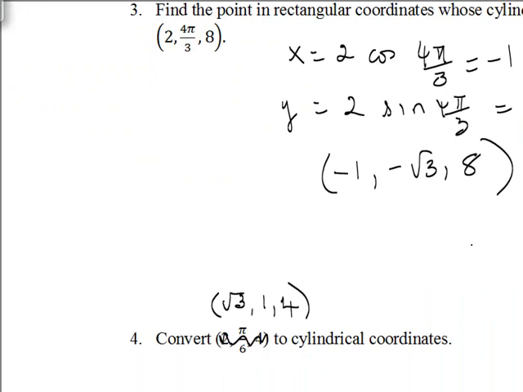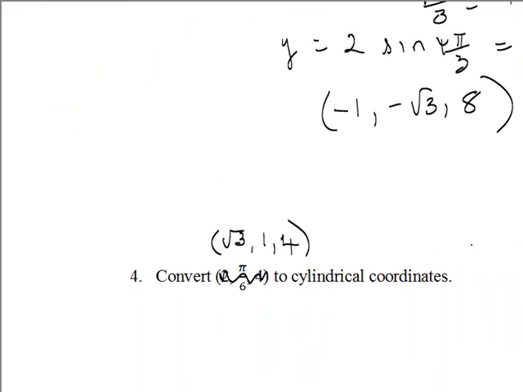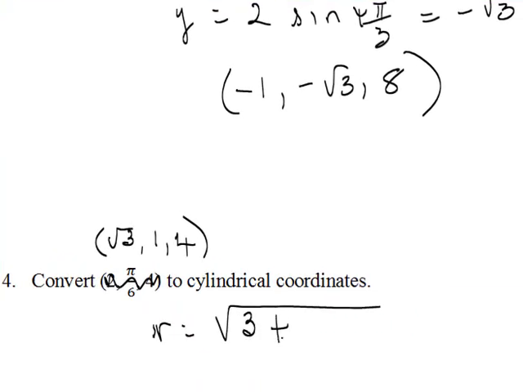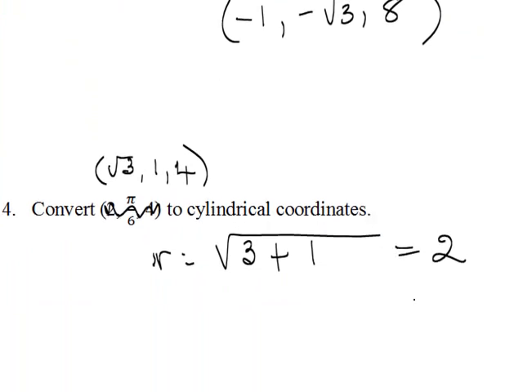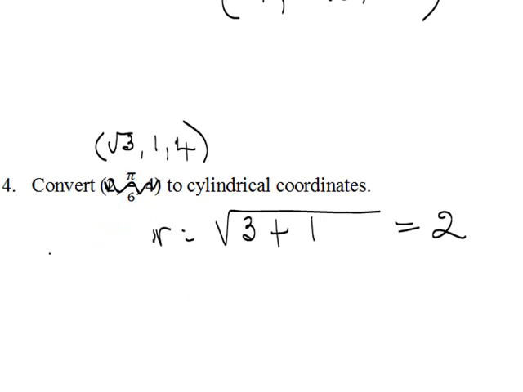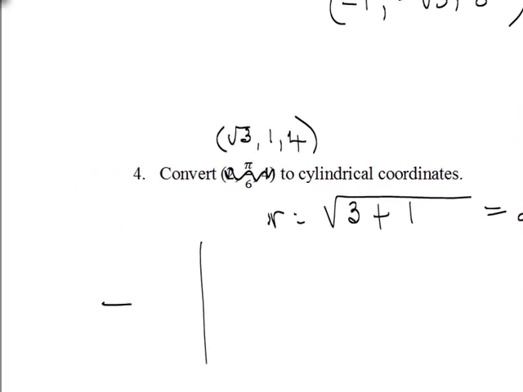Okay, now the other one, you need to find r. What did you get for r? 2, good. So r equals the square root of square root 3 squared, which is 3, plus 1 squared, 1. So that gives you 2. Now let's find theta. So if you draw this, this is square root 3 and this is 1.